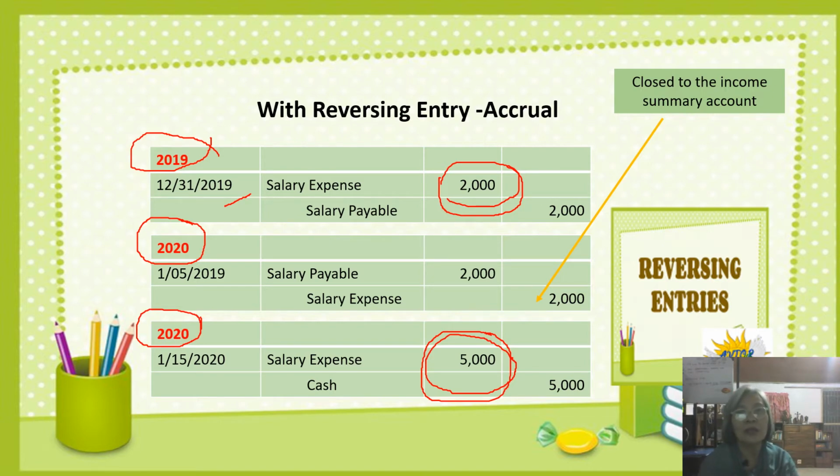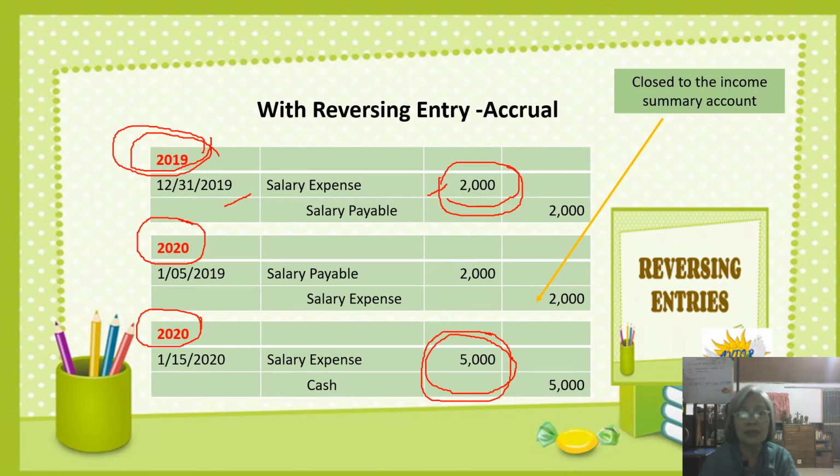So, gagawa tayo ng adjusting entry for the reports of 2019. I-recognize na natin yung expense natin dahil accrual basis tayo, hindi pa man natin binabayaran yung 2,000, i-recognize na natin yung expense. I-record na natin yung expense na yan.